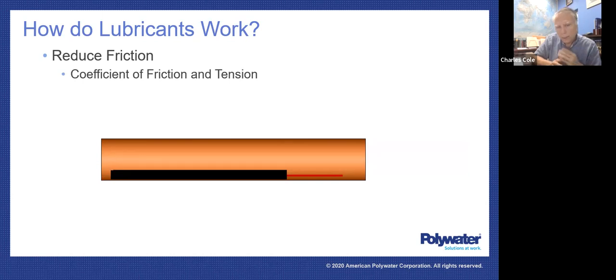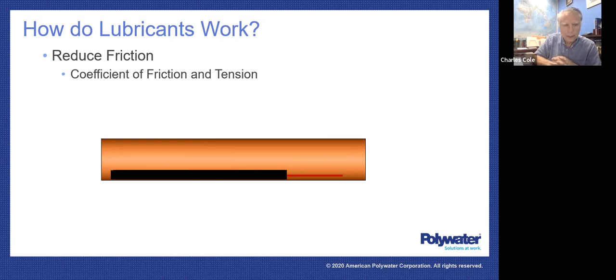And by reducing the tension on the cable, you're going to be able to pull that cable faster and safer. It's not going to damage the cable because you're not going to be surpassing or creating tension over the maximum tension that the cable can withstand.